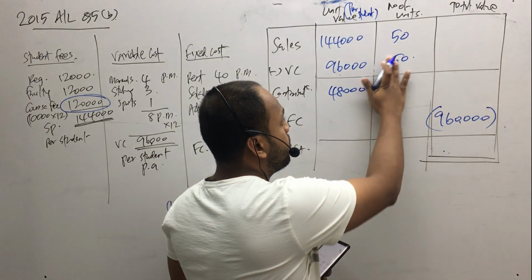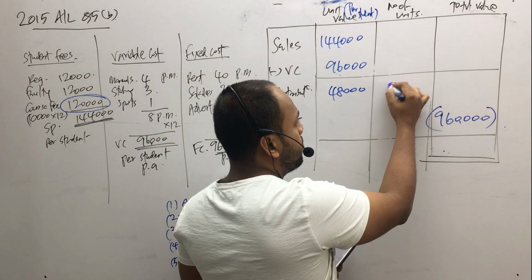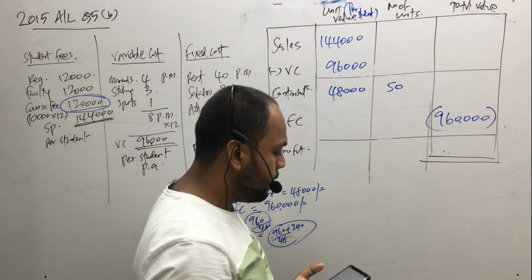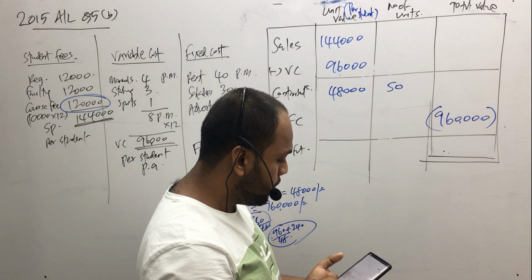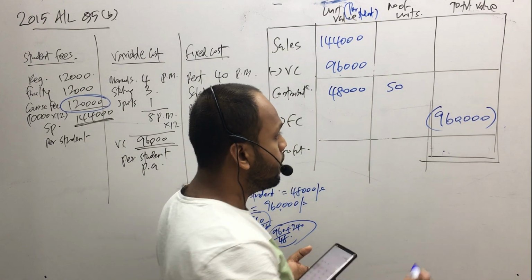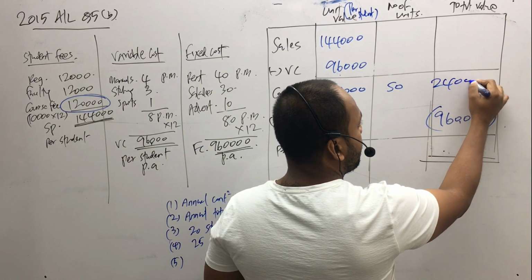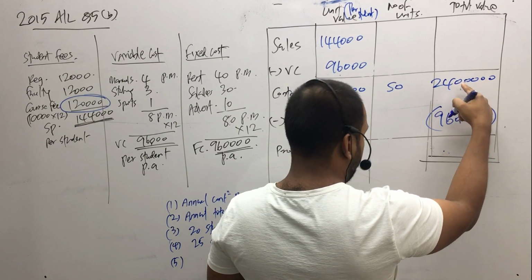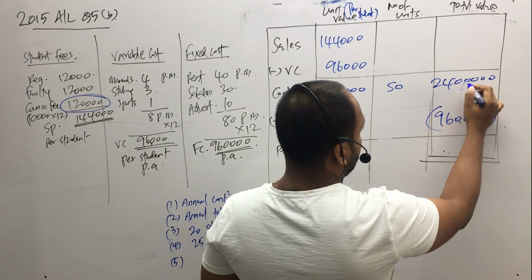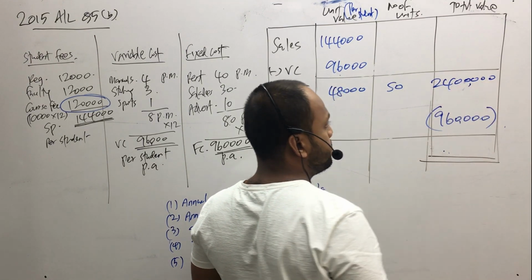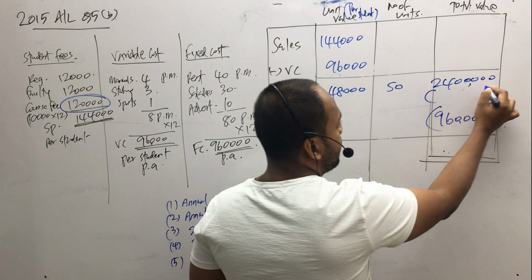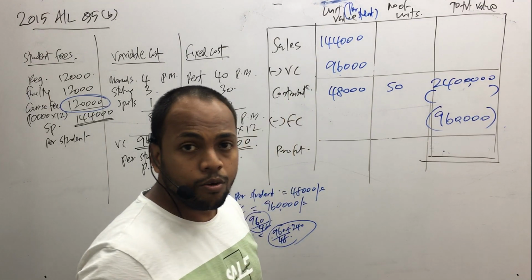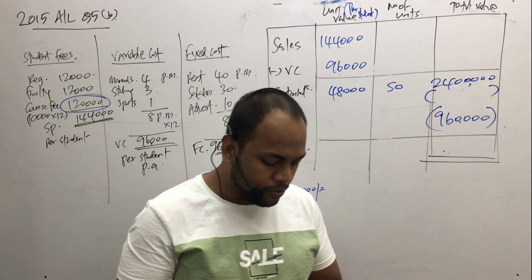So what we can do is, we can calculate the total contribution of 50 students, 2,400,000. Right? Out of this, we are not getting the course fee of 10 students.